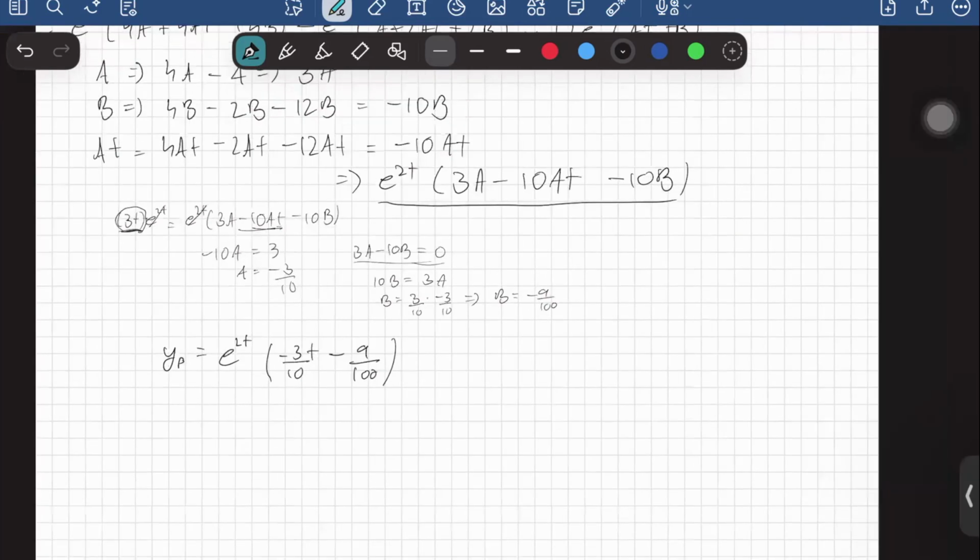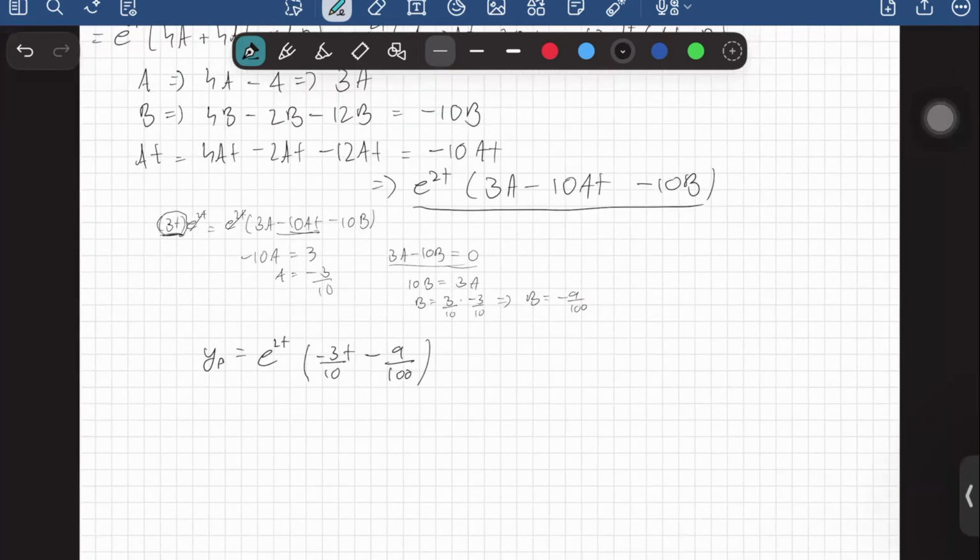Okay, so now we're going to write the general solution, that is going to be y of t is equal to c1 e to the power 4t plus c2 e to the power negative 3t plus our particular solution, that was e to the power 2t (negative 3t over 10 minus 9 over 100).